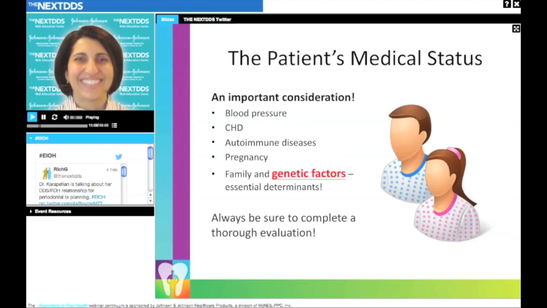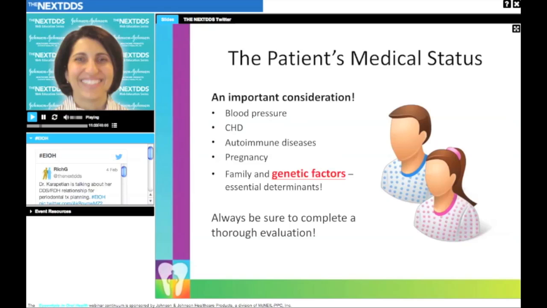So some inflammatory diseases are diabetes mellitus, rheumatoid arthritis, atherosclerosis, any type of the autoimmune diseases. These are some very common inflammatory diseases that patients will present with to your office.